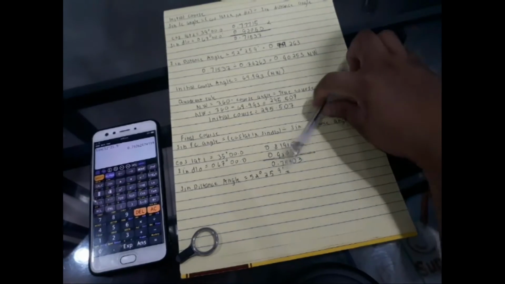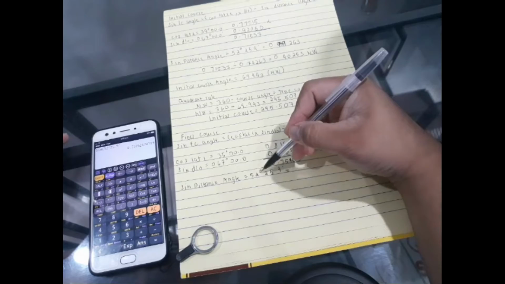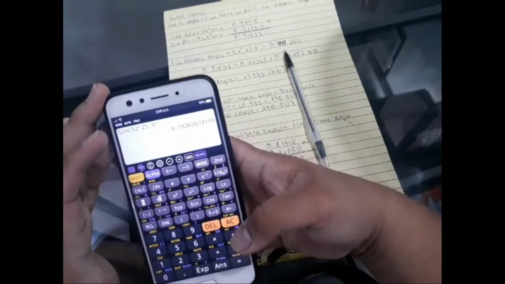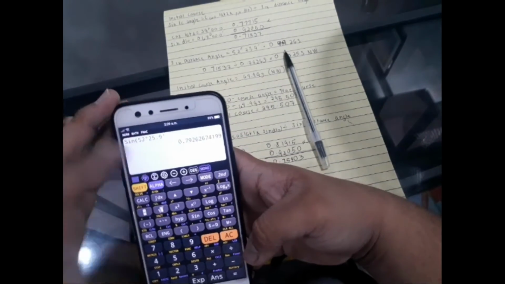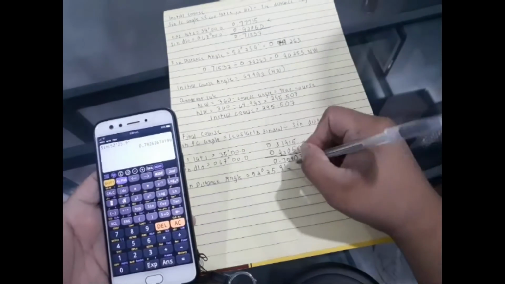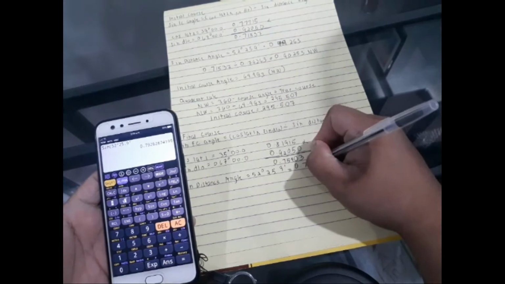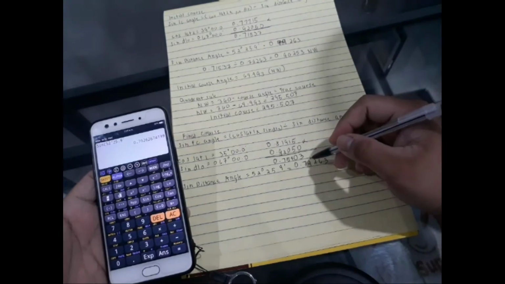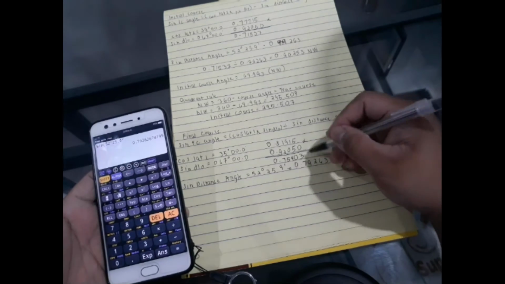So now to get the sin distance angle, we press the sin 52 degrees and 25.9 minutes is equals to 0.72963. So we now get the two answers.